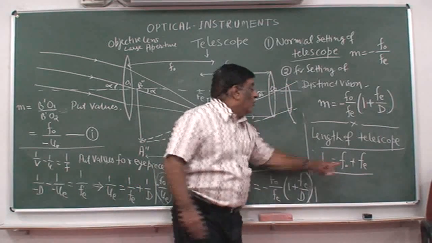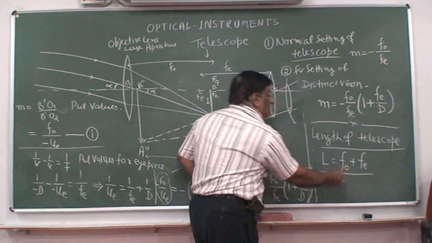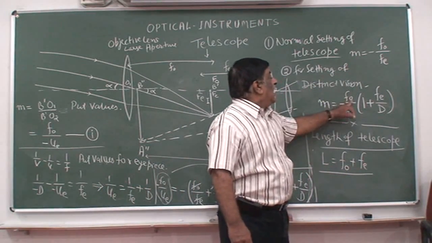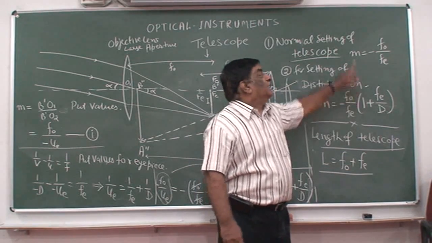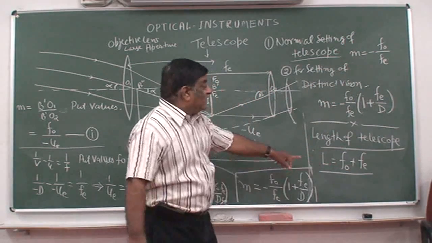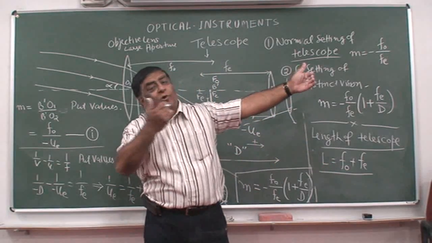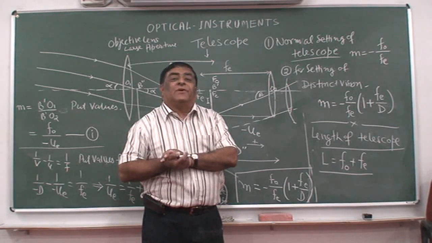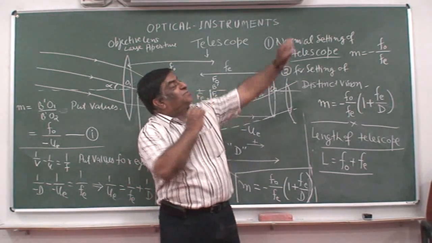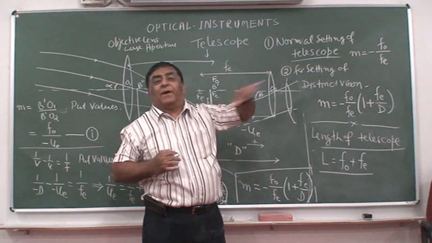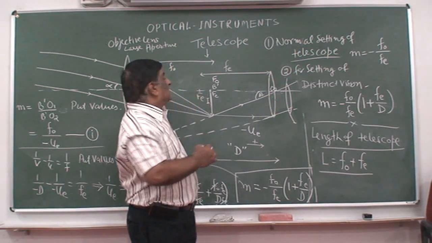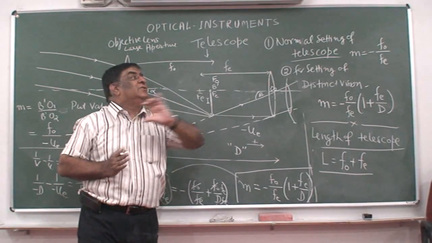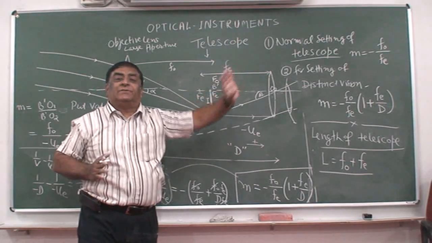Now here FO, just now to make the magnification large, how should be the FO? The answer is FO should be large. If we make a large FO, the length of telescope will go on increasing. That is why you see the earlier photographs of telescopes which are made in very large pipes, because the lens we fitted as objective was almost plain and its focal length used to be very large.